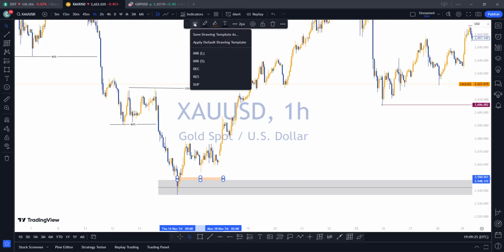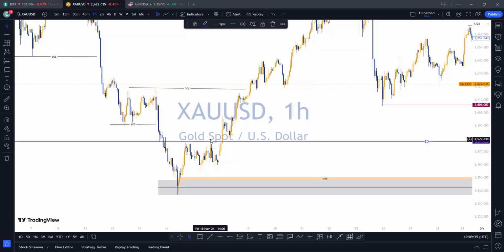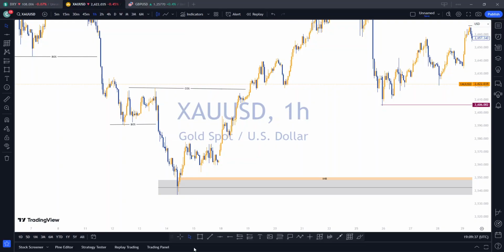The market might sort of react from. Then we have breakout structure here, right here, which makes this particular order block valid, around this area right here.